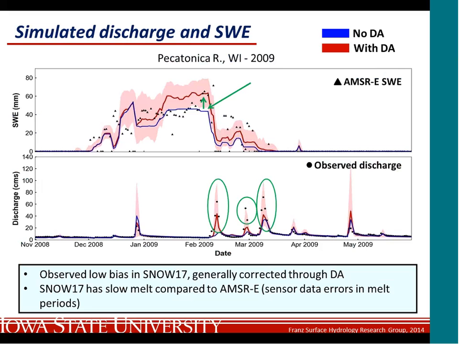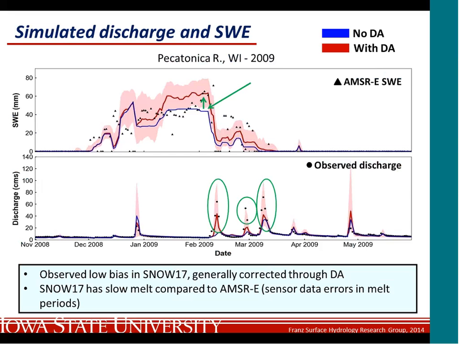So you can see that definitely through the DA there were significant shifts upward in the snow water equivalent that was produced by the SNO 17. So it seems like there's a low bias in the SNO 17 model as it's applied for these particular watersheds. So I think there's some things that could be done here just with the calibration of that model.